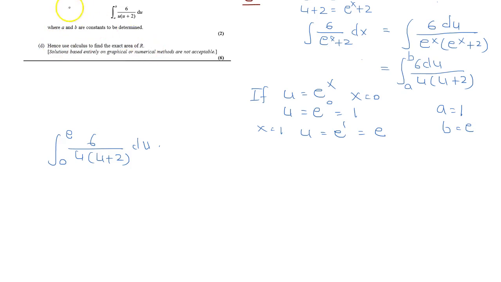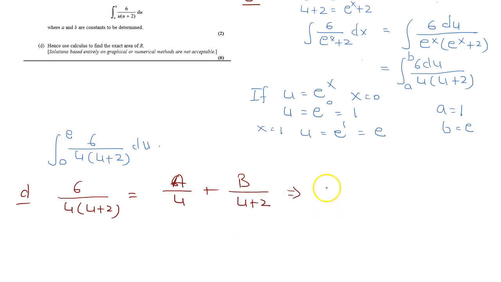Hence use calculus to find the exact area. So that is part D. Now 6 over u plus 2. This is partial fractions, so that is 6 over u plus 2 equal to a over u plus b over u plus 2.